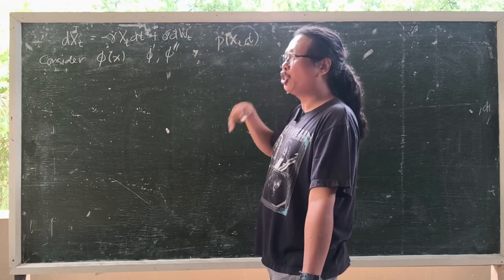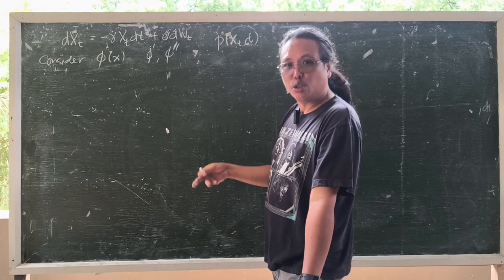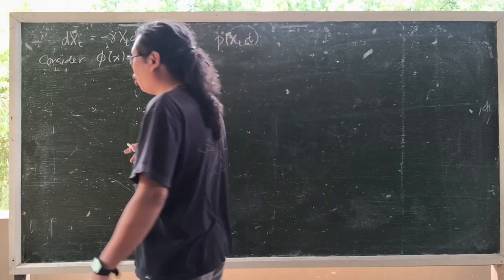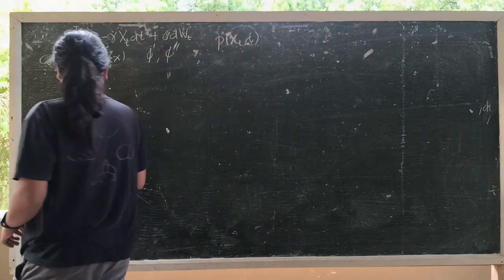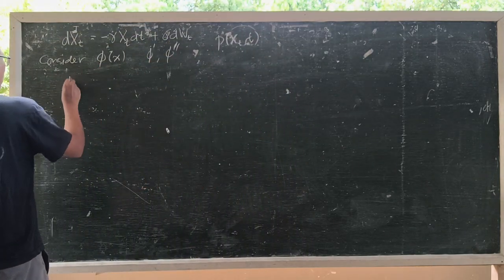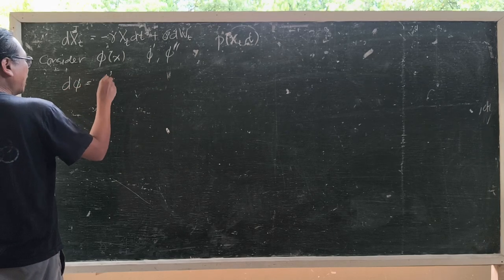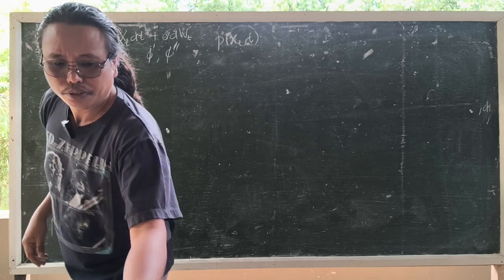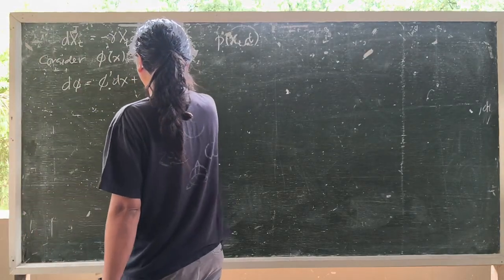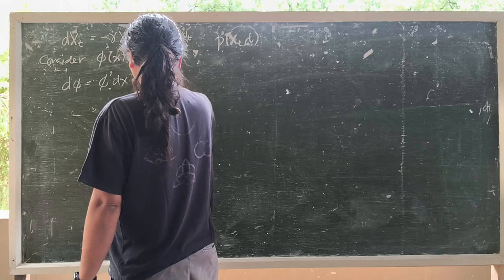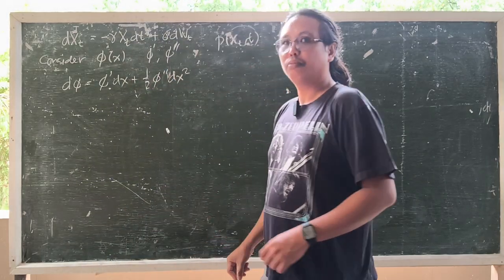Okay, last time, we solved the trajectory and used some theorems to find the distribution. Now, if we expand this d phi, that would be phi prime dx plus 1/2 phi double prime dx squared, right?